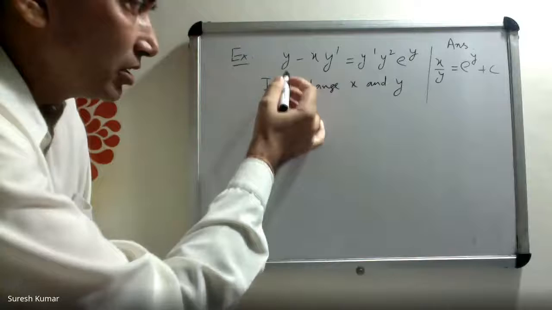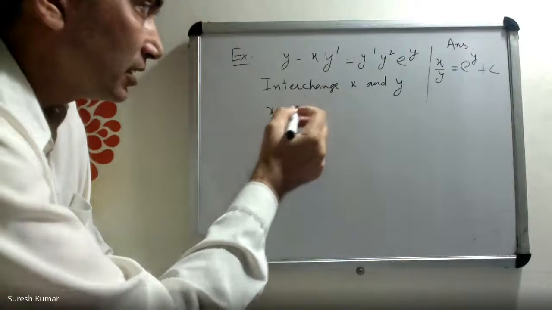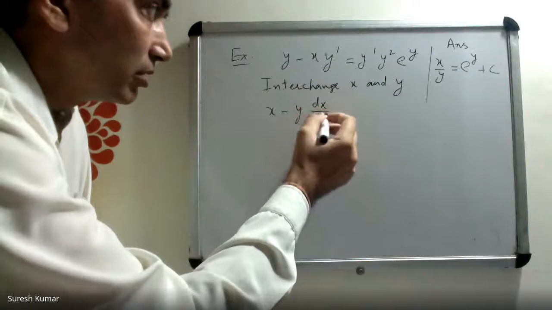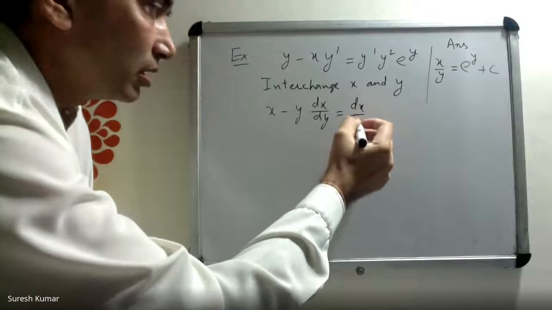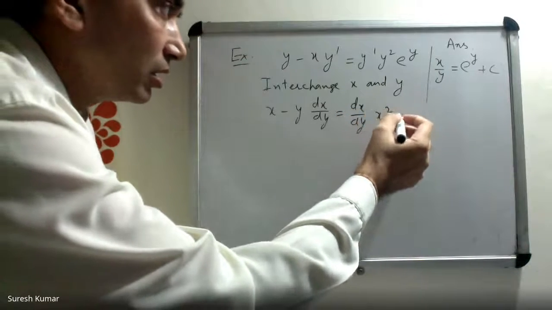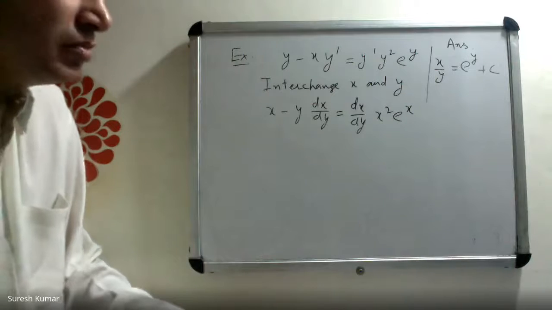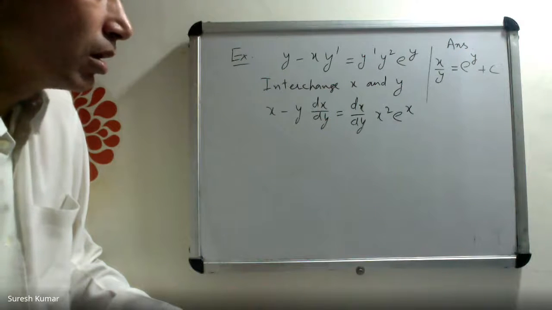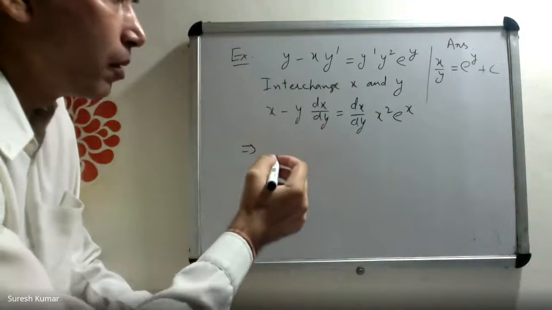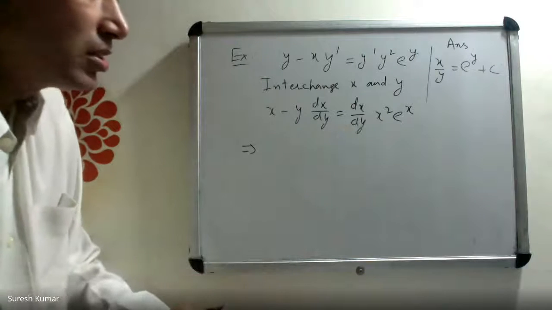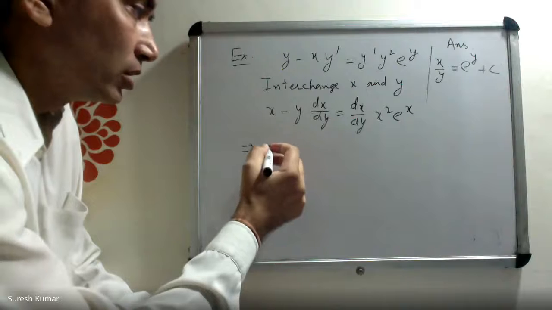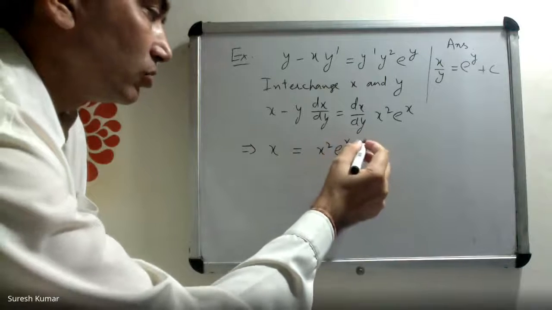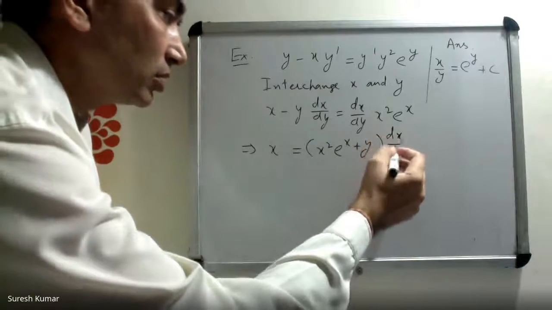If I interchange x and y, then x minus y dy by dx becomes x minus y dx over dy, equal to dx over dy times x square e power x. I'm changing the roles of x and y. After this, separate dx over dy from it, or you can write it like this: x equal to x square e power x plus y dx over dy.